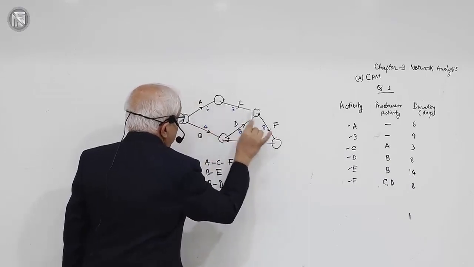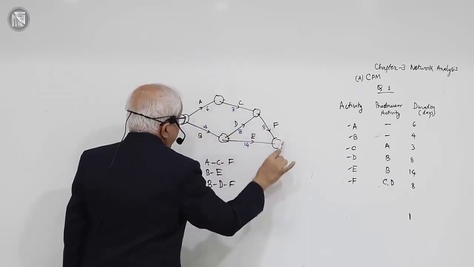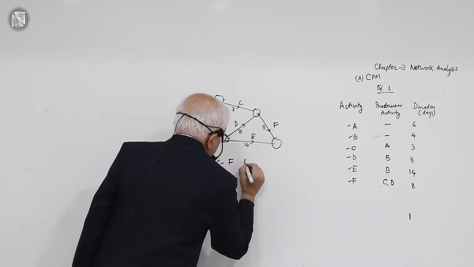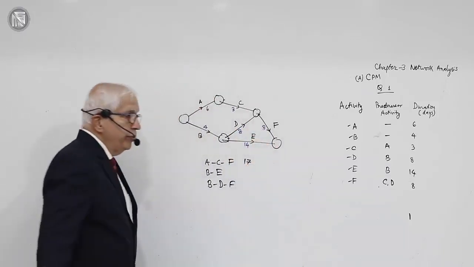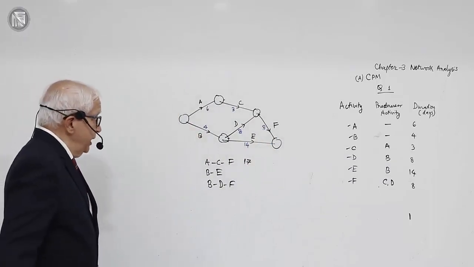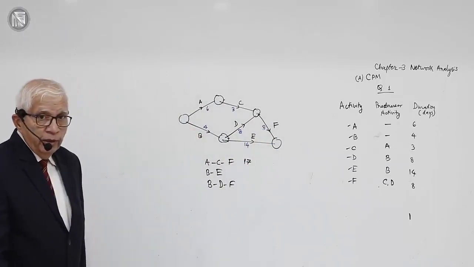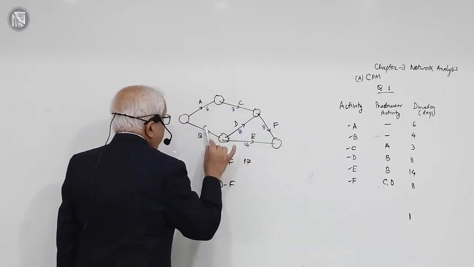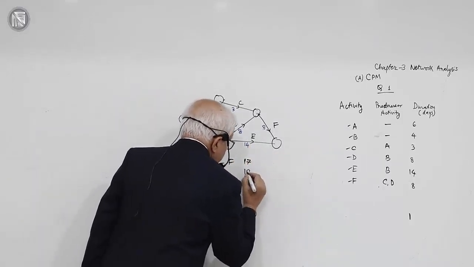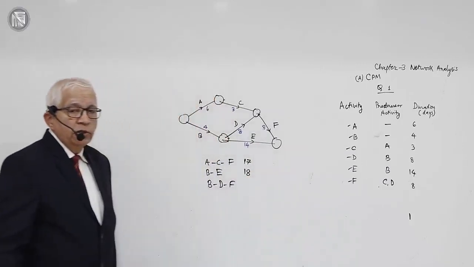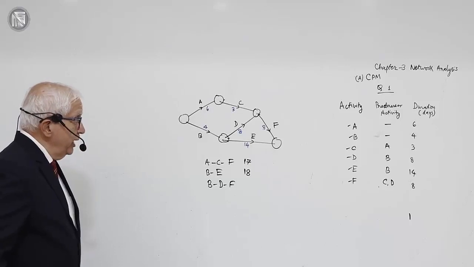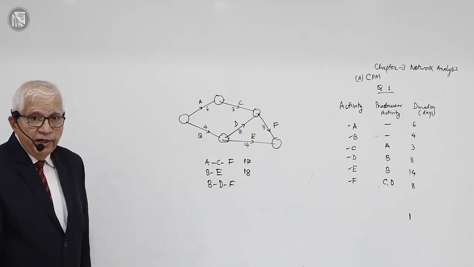So the duration of path ACF is 6 plus 3, 9, 9 plus 8, 17. Next, BE. One team goes via this road. 4 plus 14, 18. So path BE is 18 days long. Path ACF is 17 days long.